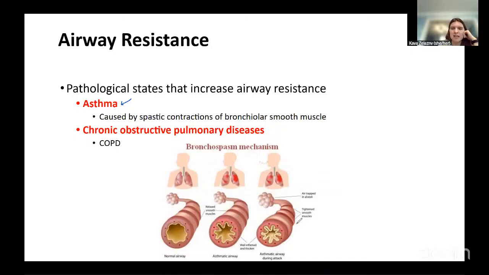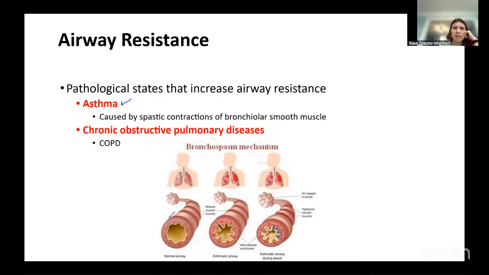So we can see what happens when we tighten up that smooth muscle in an asthma attack, right? And in this bronchospasm, you can see that narrowed airway, right? And you can even see that we've got inflammation, we got mucus buildup, all kind of happening at once here.